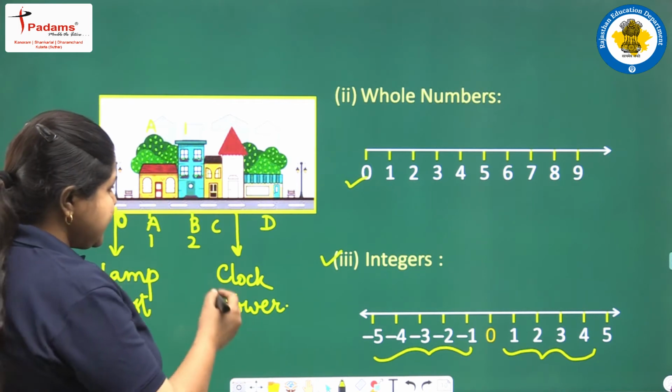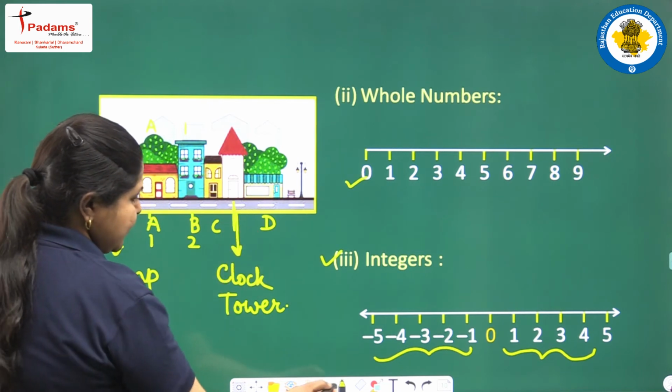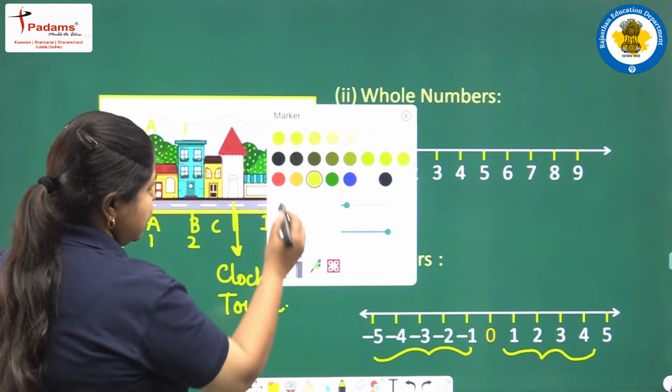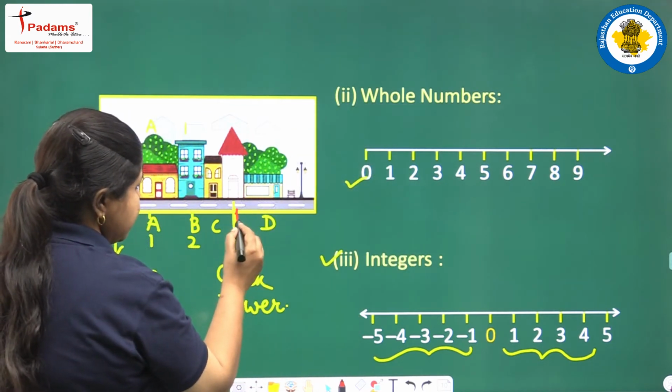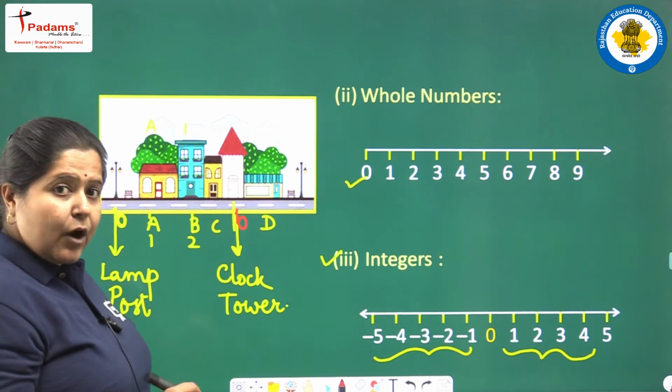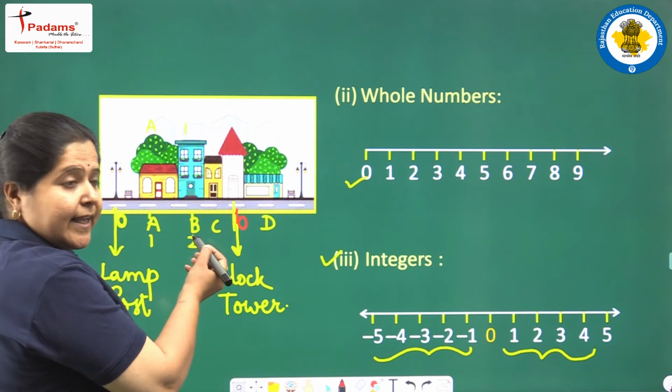Now if I take this clock tower as the origin, and now if you are asked the house location of B, what will you say?